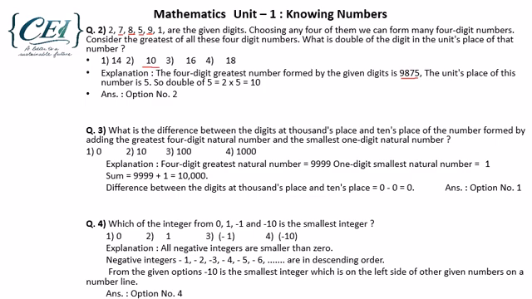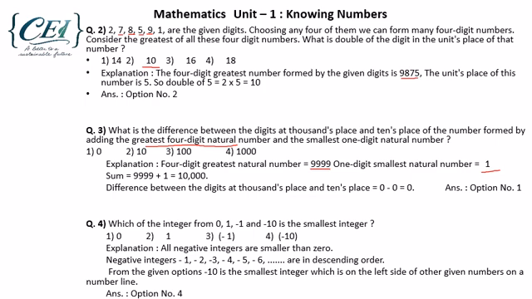Okay. Next question. What is the difference between the digit at the thousands place and tens place of a number formed by adding the greatest 4-digit number and the smallest 1-digit number? Okay. So first we have to find the greatest 4-digit natural number. The greatest 4-digit natural number is 9999. The smallest 1-digit natural number is 1.